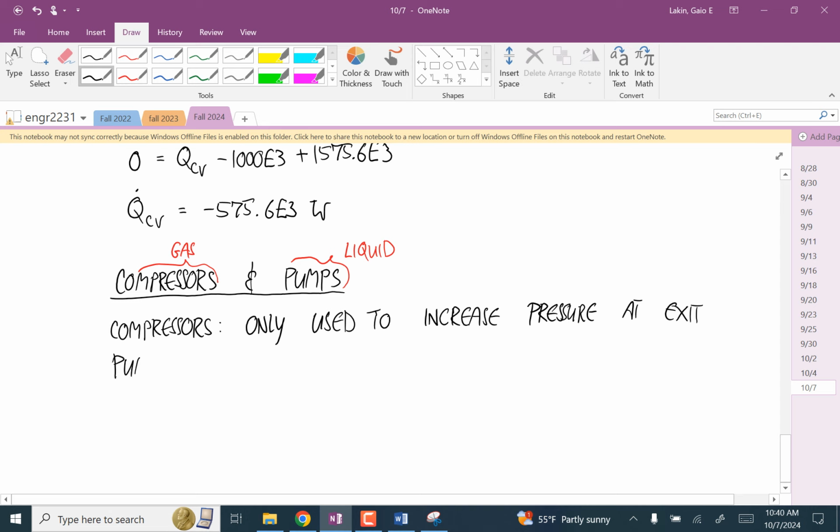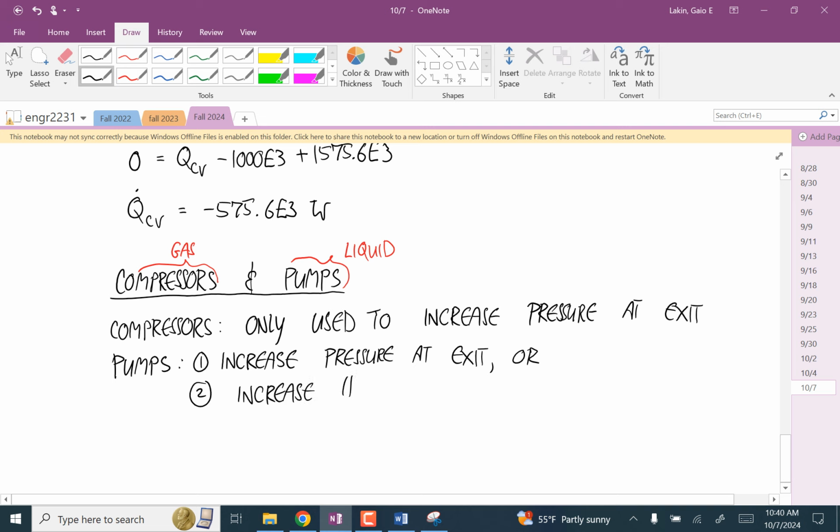Pumps can be used two ways. So first, it can be used the same way as a compressor to increase the pressure at the exit. Or a second way is to increase the height of the liquid at the exit.